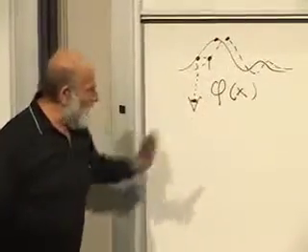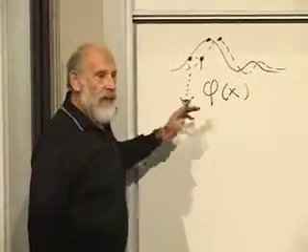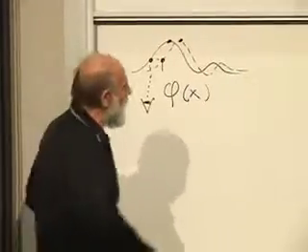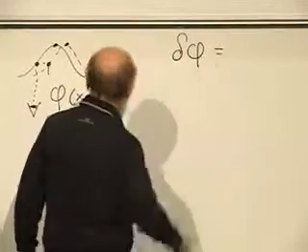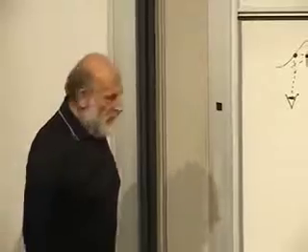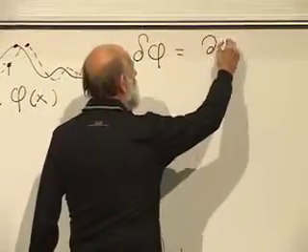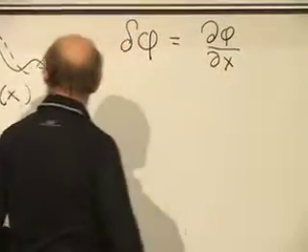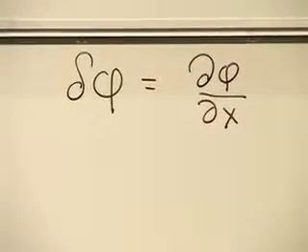So this shift of the field is associated with a small change in phi. How much does phi change if I shift the field to the right a little bit? What's the change in phi? Let's write the change in phi if I shift the field to the right a little bit. Derivative of phi with respect to x times delta x. Now, is it plus or minus that? This is the hardest thing in the world to figure out.